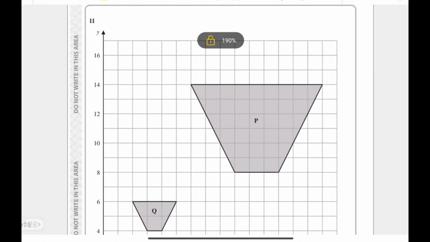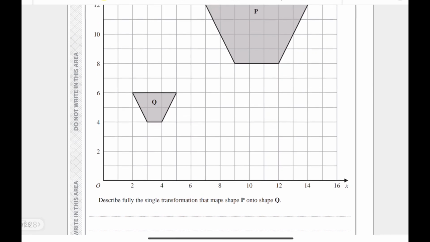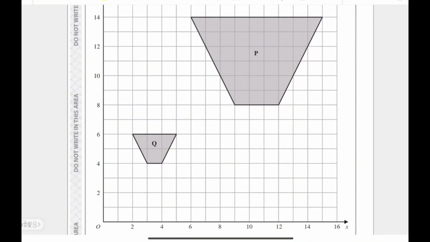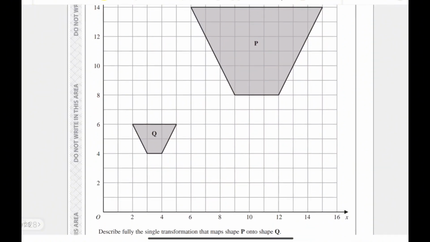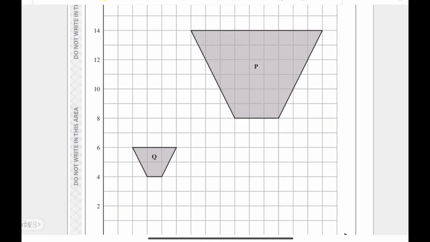Okay, let me zoom out a little bit. Describe fully the single transformation that maps shape P onto shape Q. So P onto Q, there's no doubt that is enlargement or dilation. So what we need now is to find the point of enlargement. So let's try to link the point together. So I believe we can all see what I'm trying to do. So that goes like that.